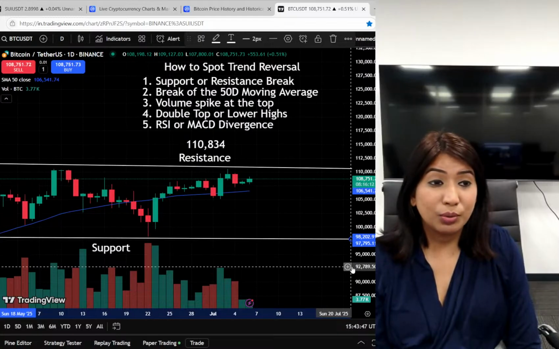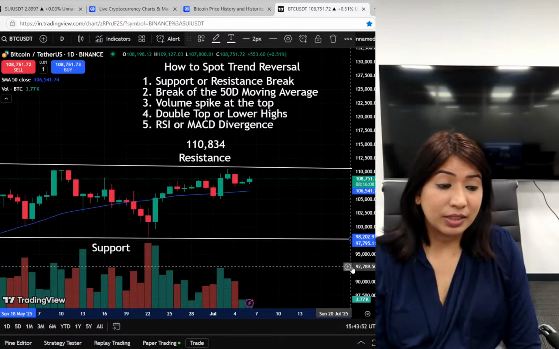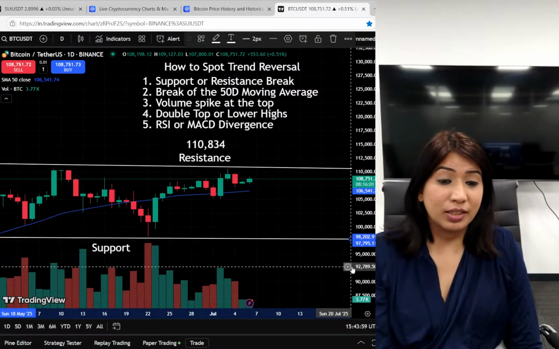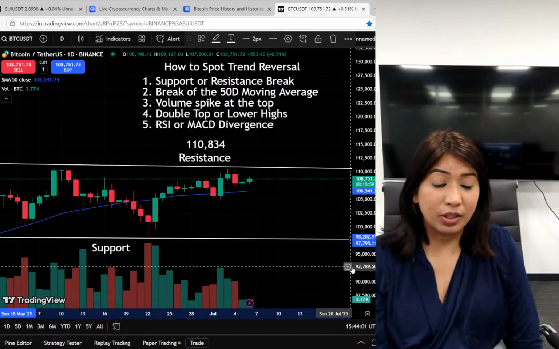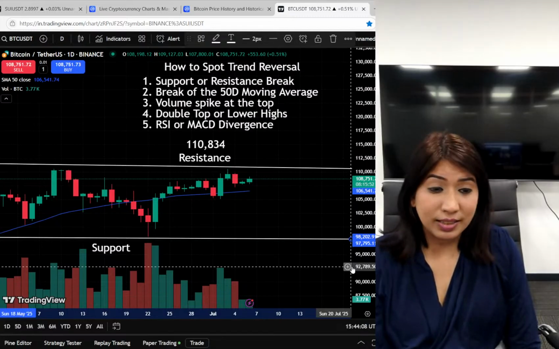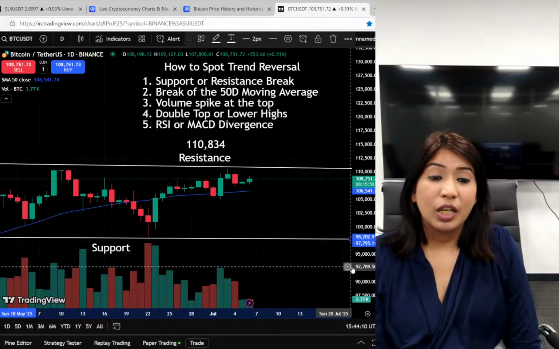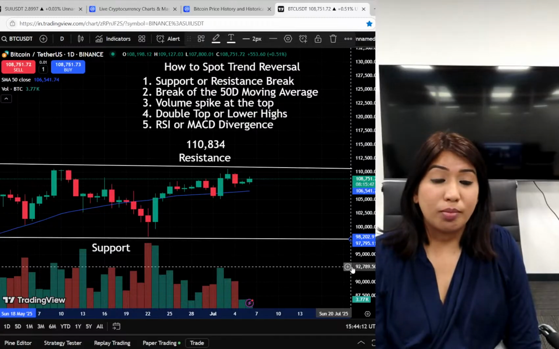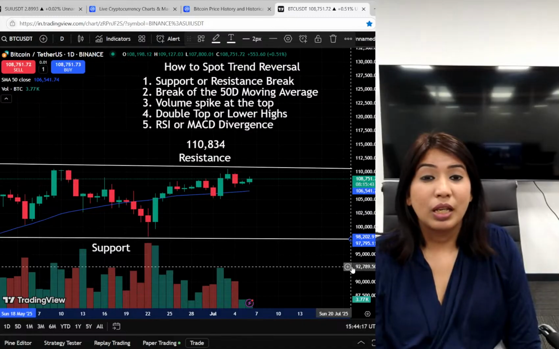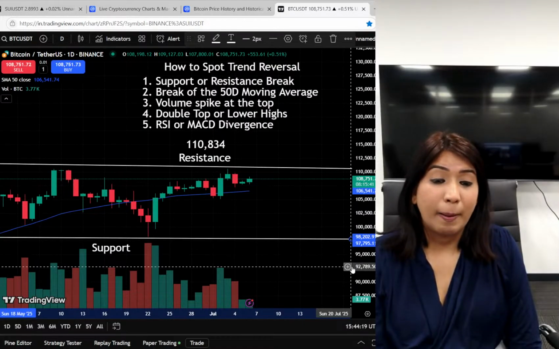Make sure that you have all these points thoroughly down, at the tip of your fingers. Whenever somebody asks how you can spot the reversals, a 50-day moving average is something that you need to look at. Support and resistance levels are what you need to look at. The volume spikes at the top are what you're supposed to look at. The double top pattern is something you're supposed to look at.